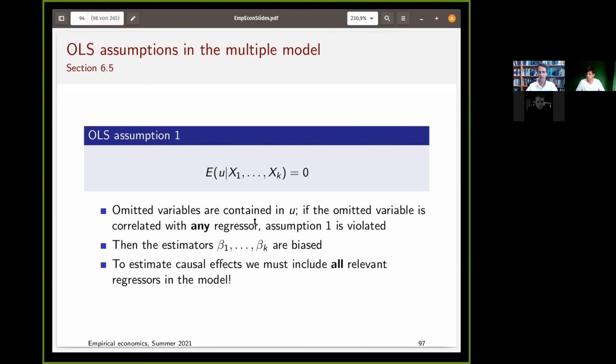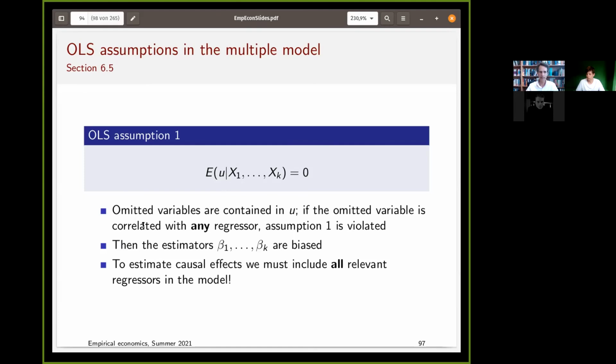And in that case, assumption 1 would be violated. So if there is an omitted variable which is correlated with any regressor and has an impact on the error term, then assumption 1 would be violated. And then the causal interpretation is no longer valid.